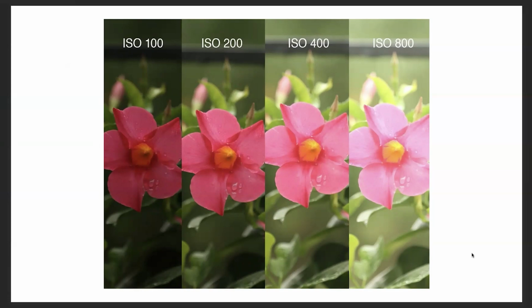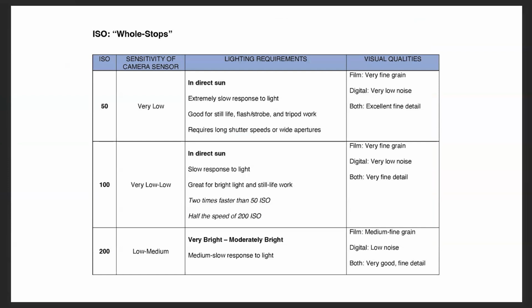On these next two slides, I have this table showing the whole stop ISOs, where it's lying on the sensitivity of our camera sensor, the lighting requirements, and what particular subjects they are good for, and then talking about the visual qualities, what to expect out of it.